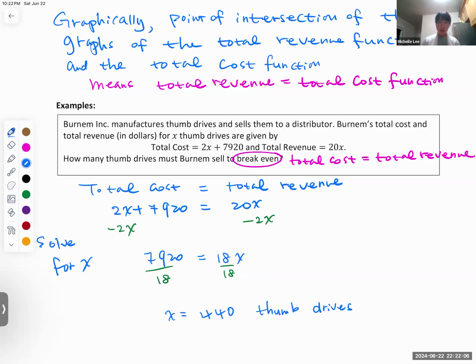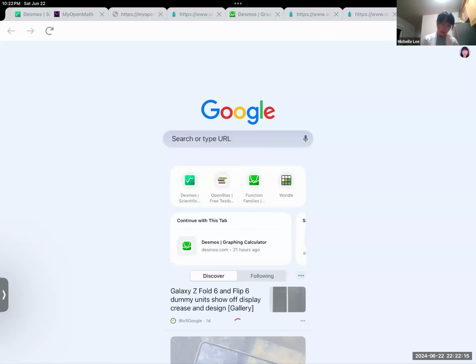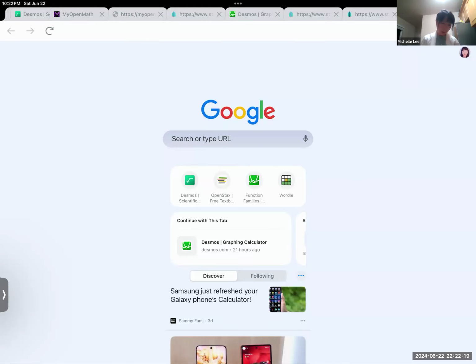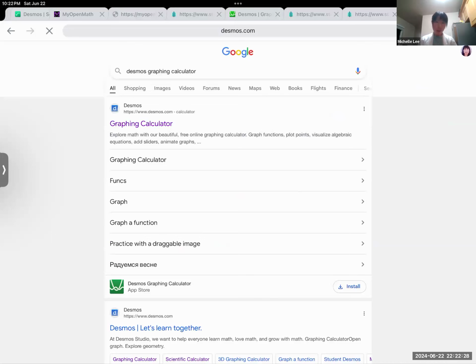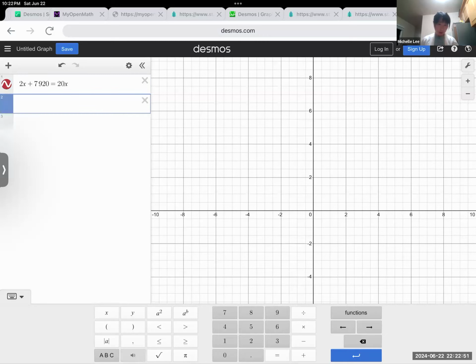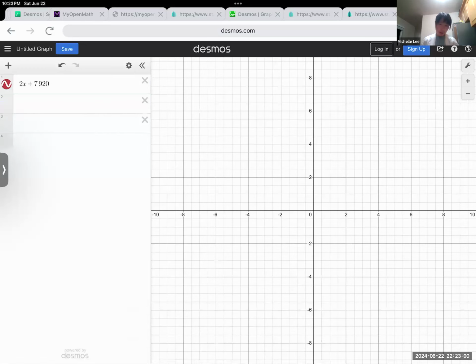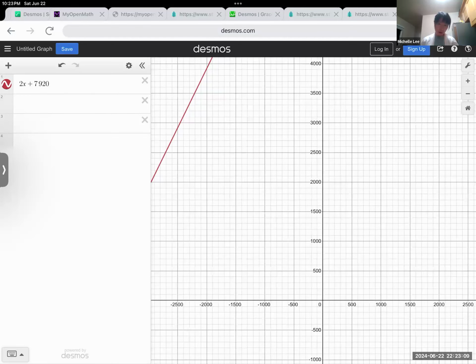Okay, let me show you the graph on the graphing calculator. So we have 2x plus 7,920 and 20x.